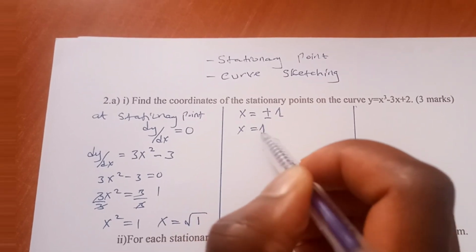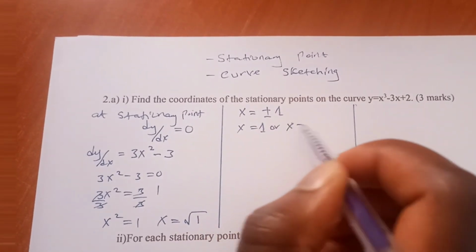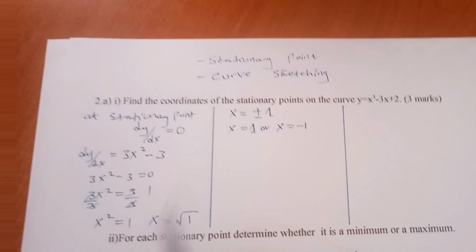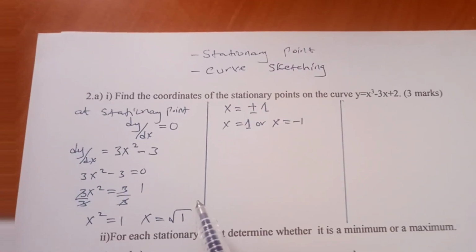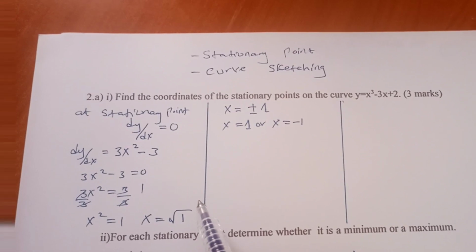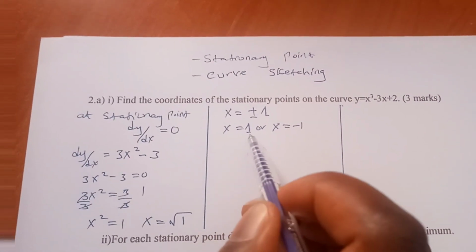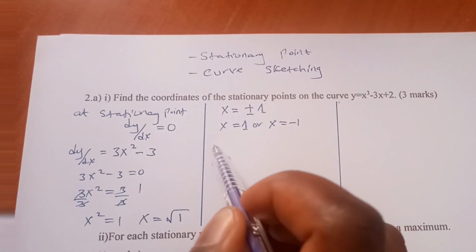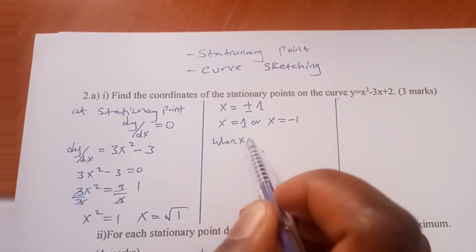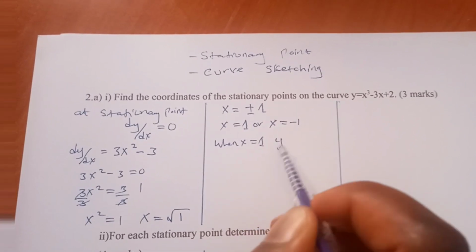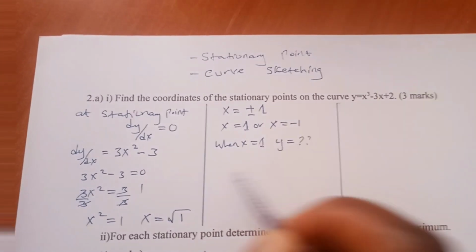Because we are looking at the stationary points, we are going to try when x is 1 and when x is negative 1 to find the value of y, so that we get the coordinates of the turning point. From how it stands, the stationary points are 2. Substituting when x is 1, y will be what?